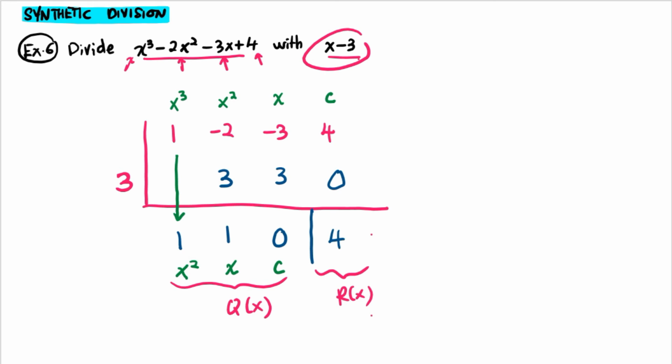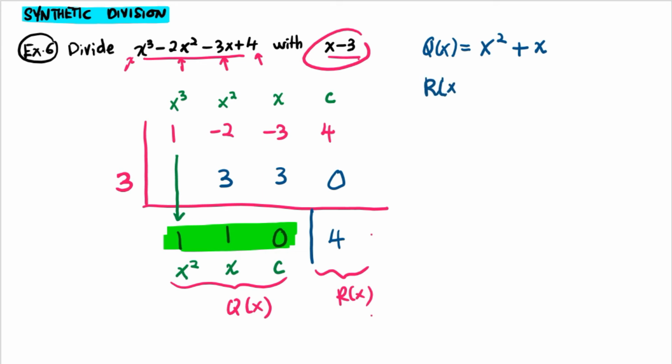So if the question asks us to find the quotient, of course in this case the quotient is given by, you consider this one. The coefficient of x squared is 1, therefore you have the quotient which is x squared. The coefficient of x is positive 1, therefore you have plus x. And the constant is 0, so I don't write plus 0.